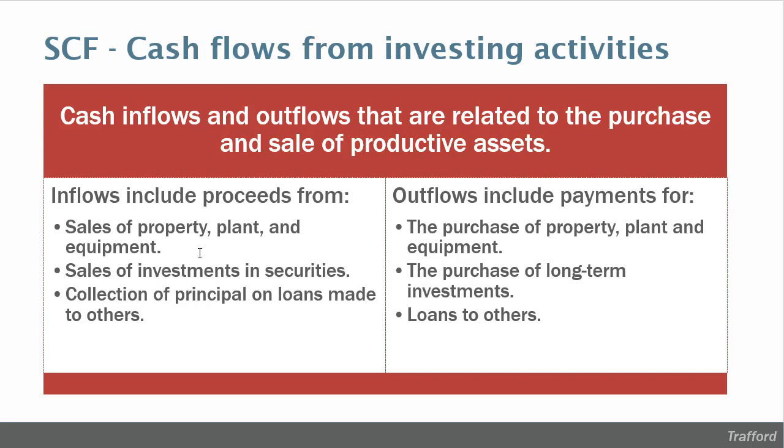And finally, if a company makes a loan to someone else and that someone else pays the company back some principal on that loan, that will also qualify as an investing activity. So here you see sales of various types of generally long-term assets, all qualifying as investing cash inflows.